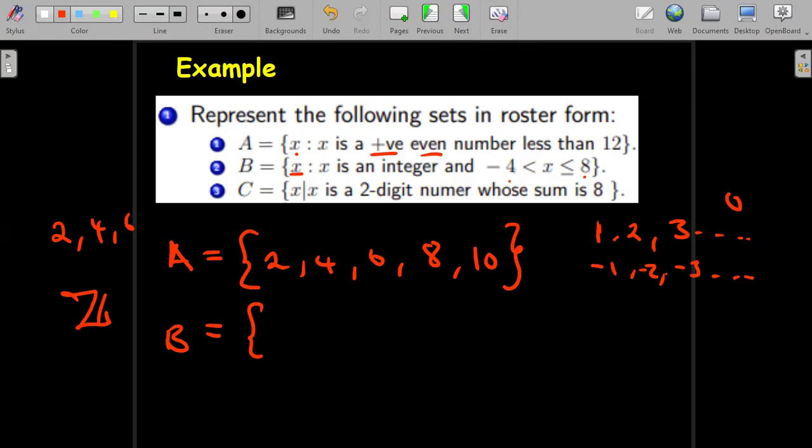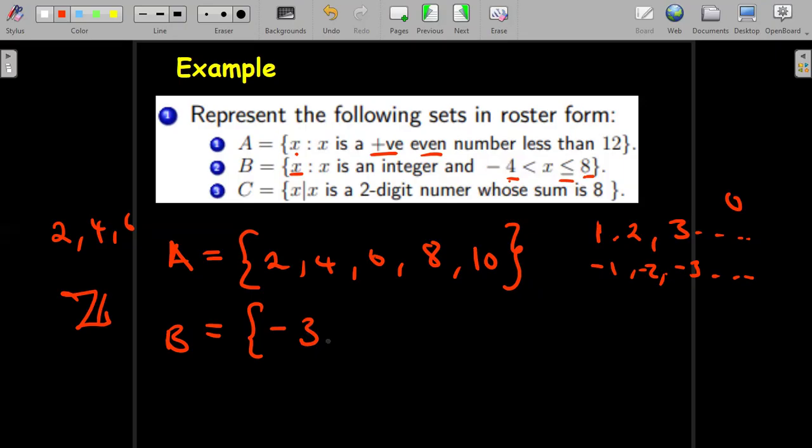And they're telling us that X is in between -4 and 8. So where there's -4 here, there's just a less than sign, and there's no equal to sign like we have on the other side where we have 8. This must mean that -4 is not part of our set B, but 8 is part of our set B. So to list this out, meaning we won't include -4, we have to start from -3.